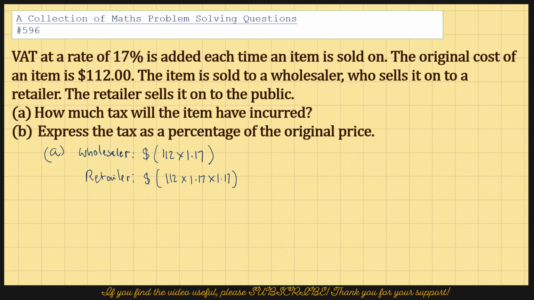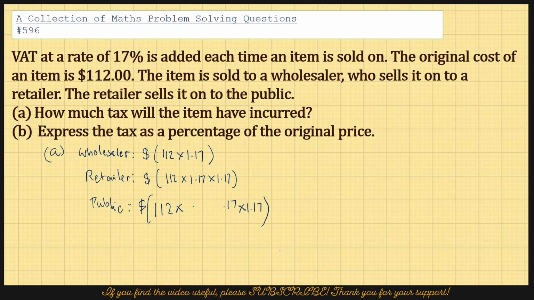And finally the public would pay 112 multiplied by 1.17 times 1.17 times 1.17.